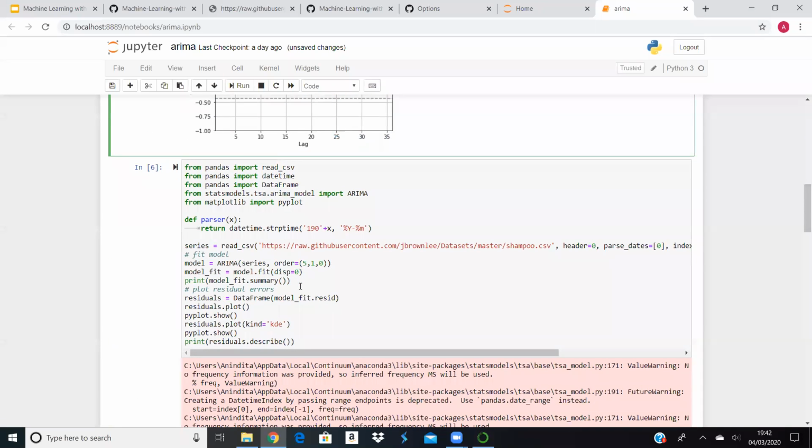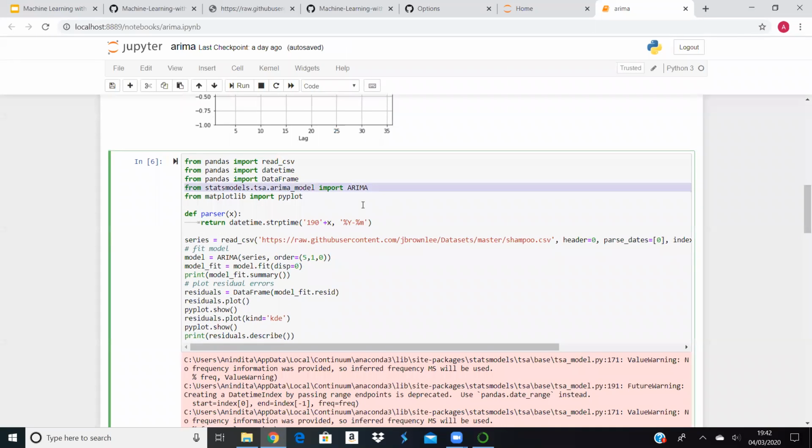Then we go to the next stage. We use the ARIMA model, and we are using the parameters 5, 1, and 0.